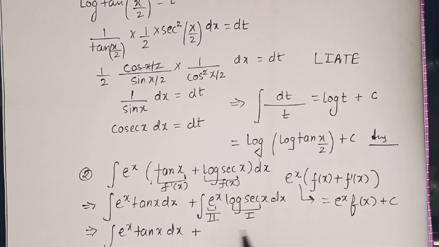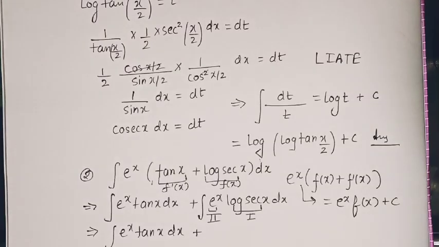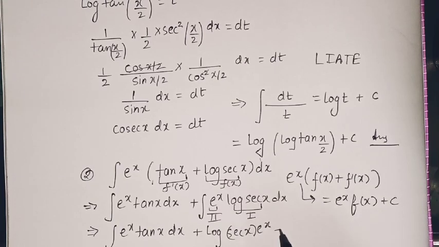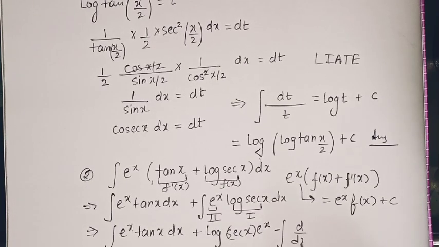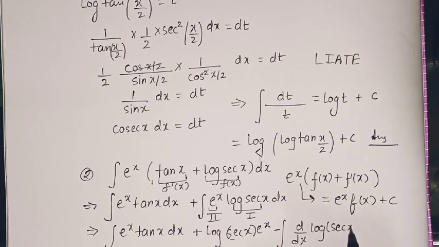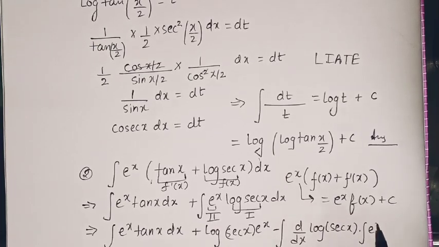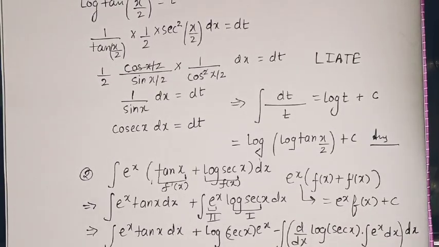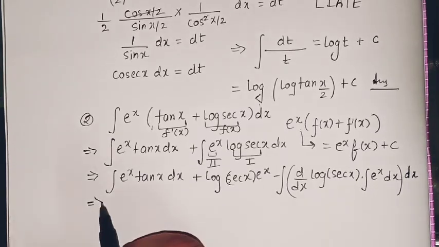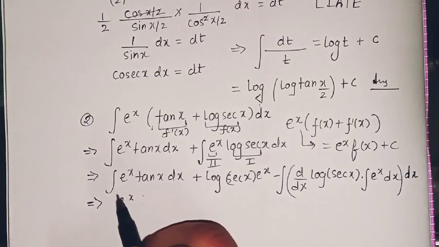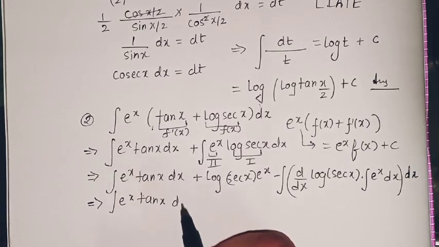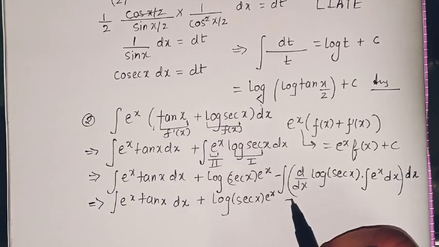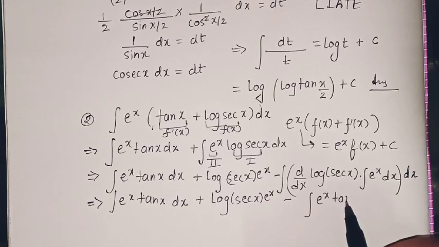When you apply the LIATE rule, you will get log sec x into e to the power x minus integration of d by dx of log sec x multiplied by integration of e to the power x dx, then whole dx. This will be integration of e to the power x tan x dx plus log sec x e to the power x minus integration of e to the power x tan x dx.